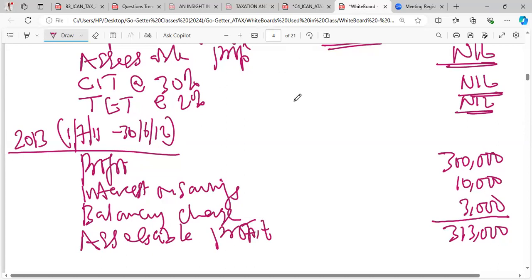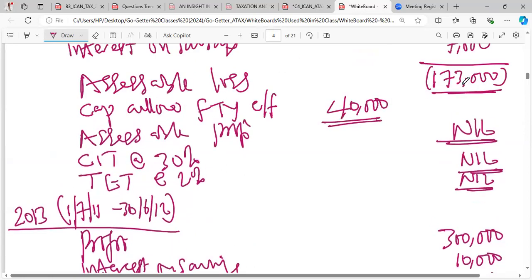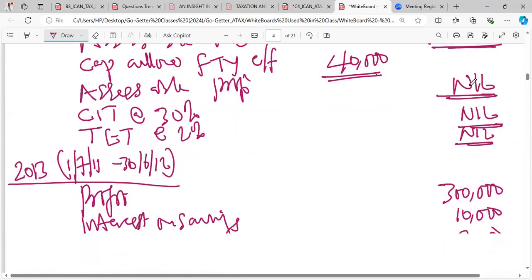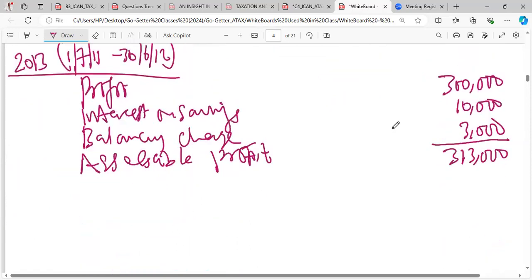The next thing is to bring your loss relief 173. So you treat loss first before capital allowance. Loss brought forward 173,000.